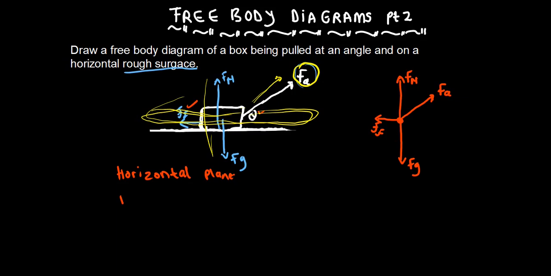So now when we look for our net force, we are not going to use this force as it is because it is not on our horizontal plane. We need to break down this force into two components. Let's say this is our force, Fa.